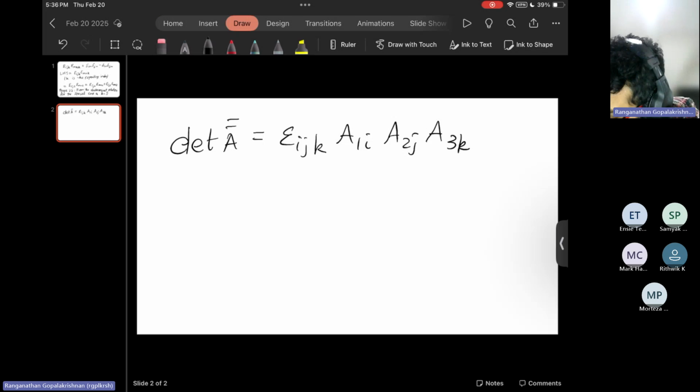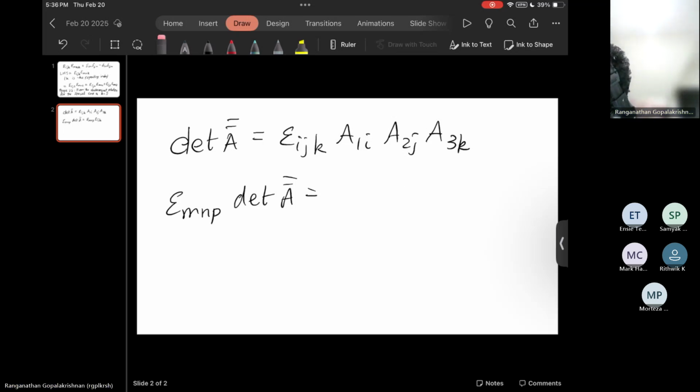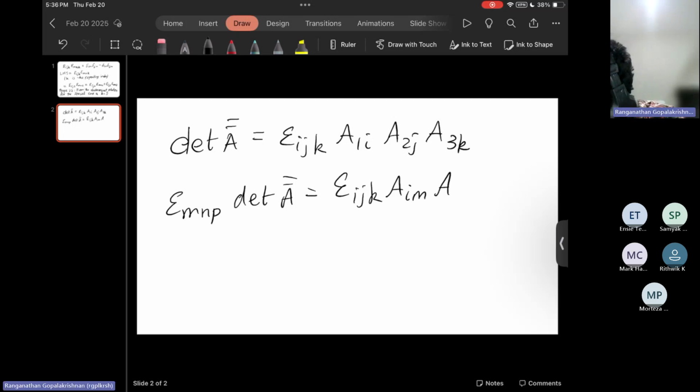Equation 2.7 goes one step further and multiplies both sides by epsilon mnp, so epsilon mnp times determinant of A is equal to epsilon ijk times aim ajn anp.